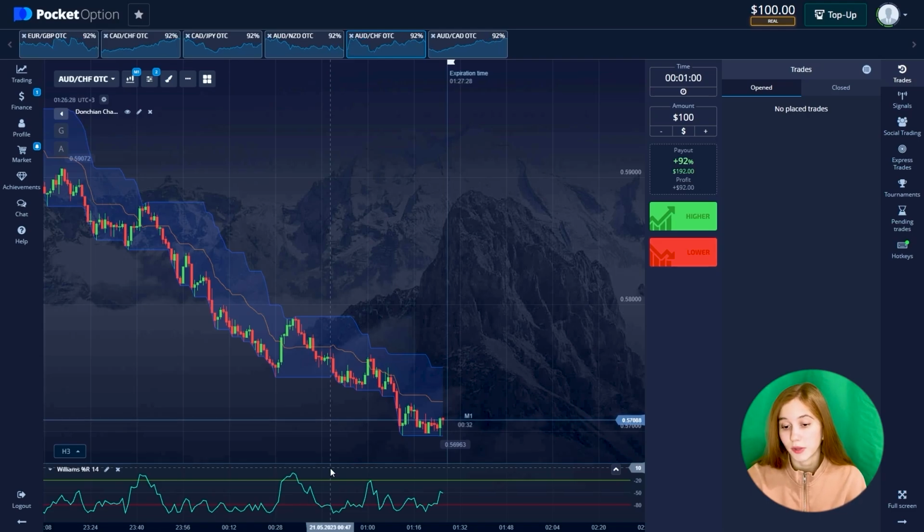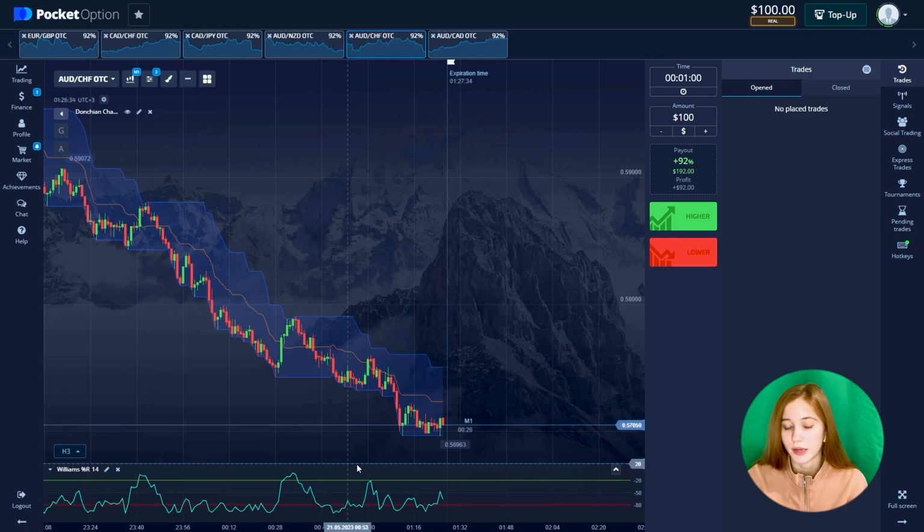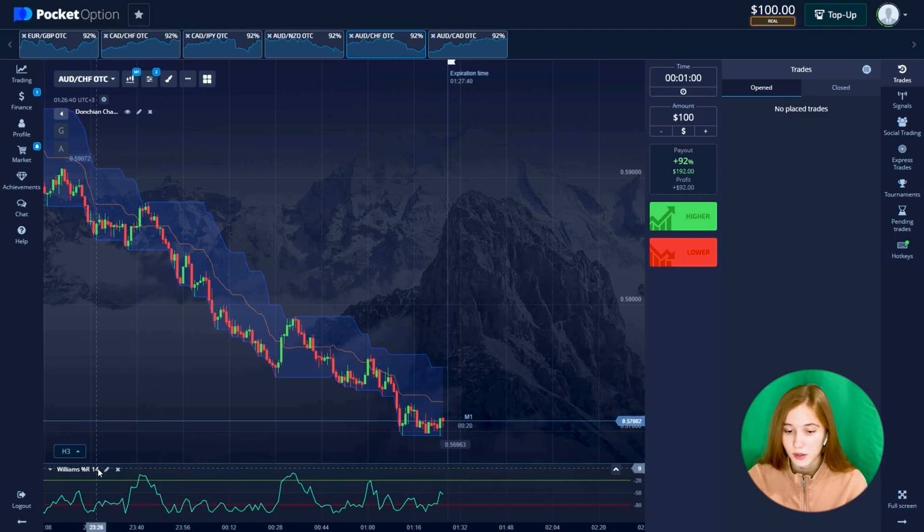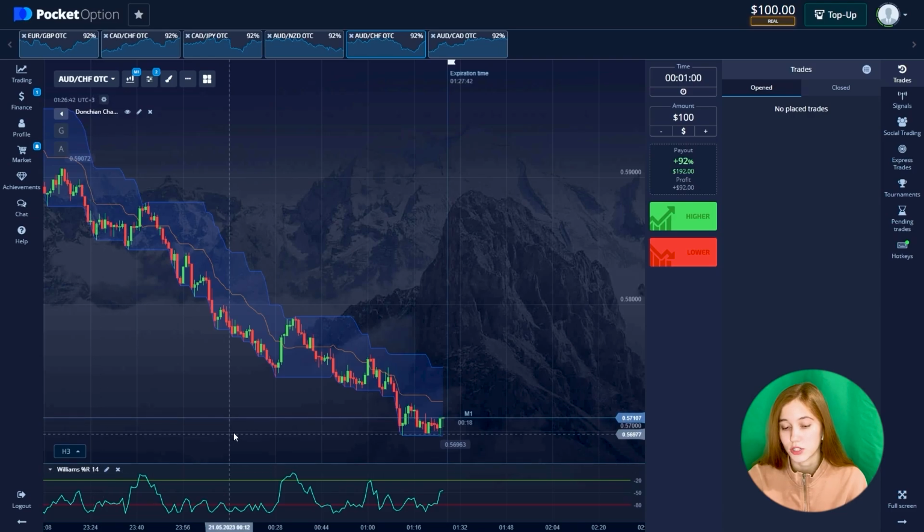From maximum to minimum, we see this from certain periods. All this is multiplied by minus 100. The optimal period is often considered to be 14, and you can set it up as you like.